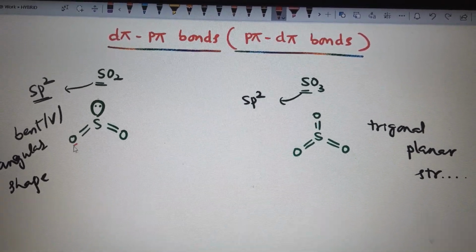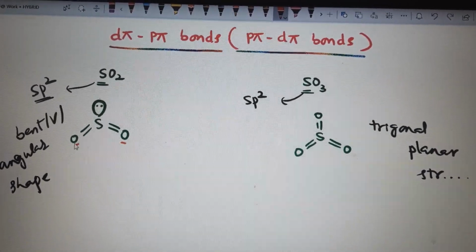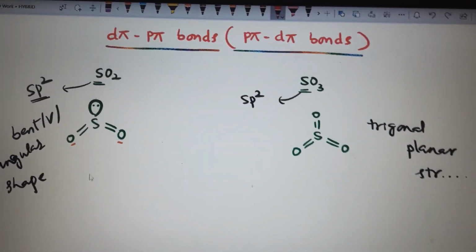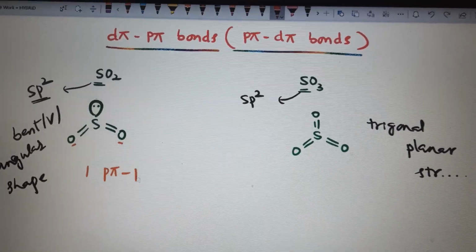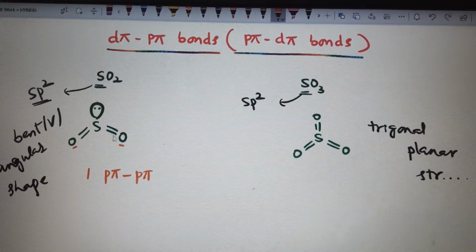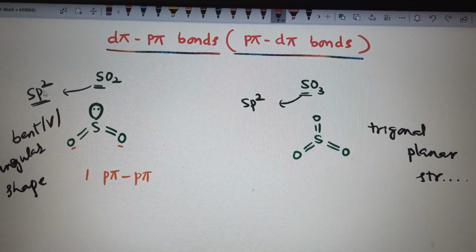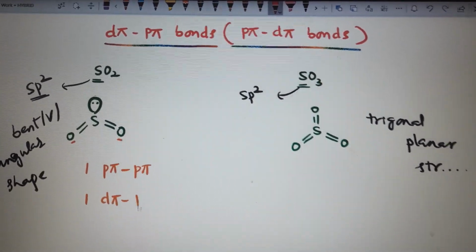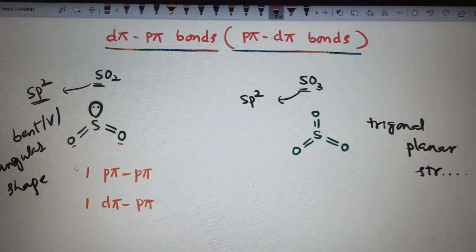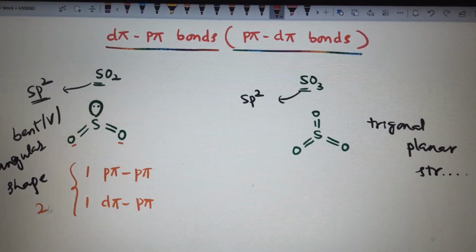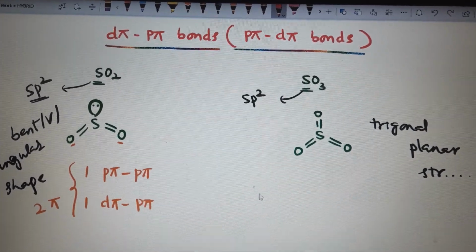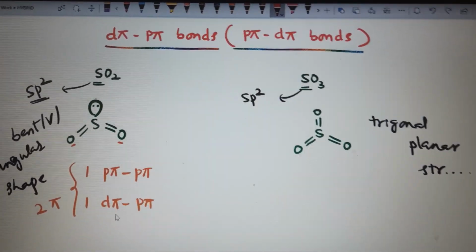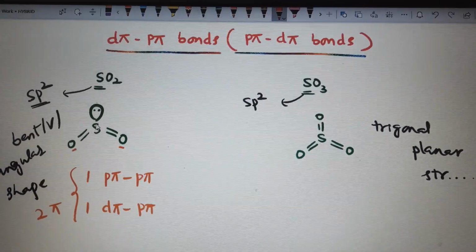Oxygen can have p orbitals only, not d orbitals. So oxygen's p orbital and sulfur's other p orbital form one pπ bond. For the other pi bond, oxygen can use p only, but sulfur has already used its p, so it uses a d orbital: one dπ-pπ. So there are two pi bonds in total, one pπ-pπ and another dπ-pπ. d with respect to sulfur, p with respect to oxygen.